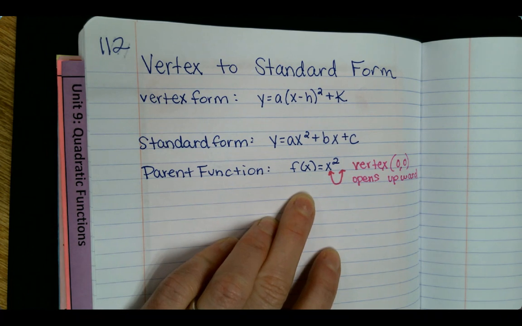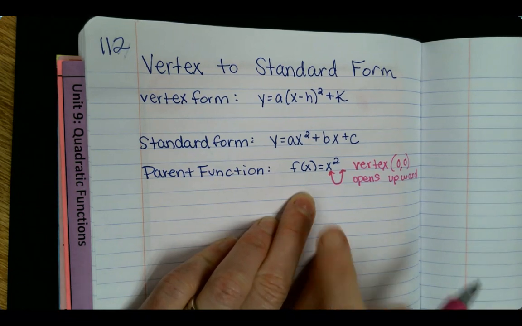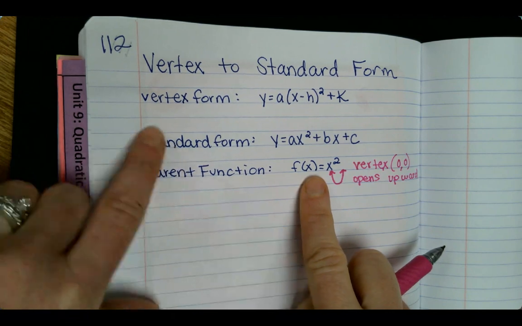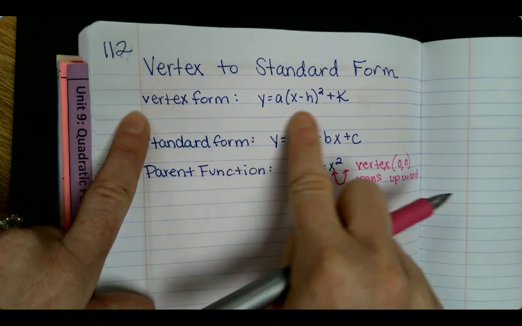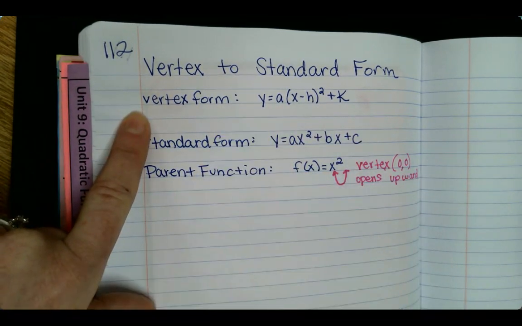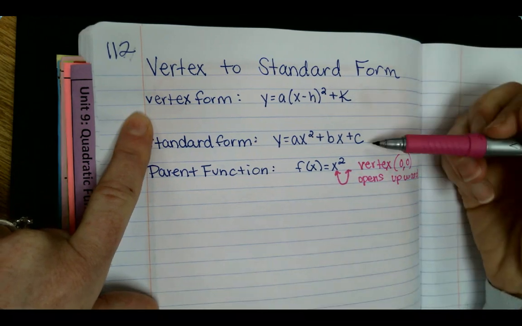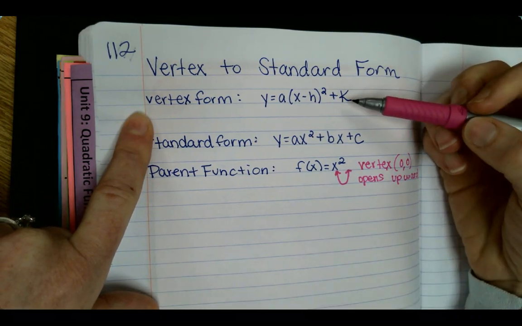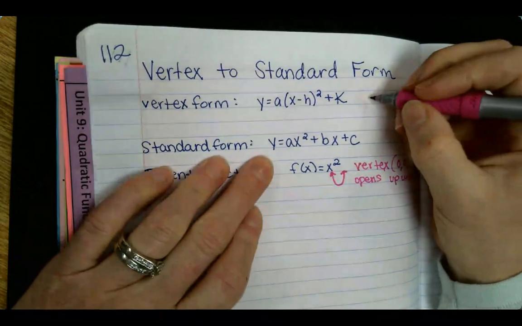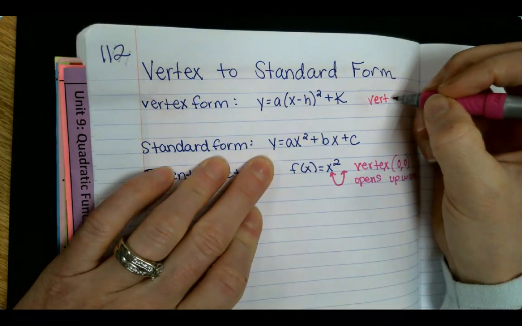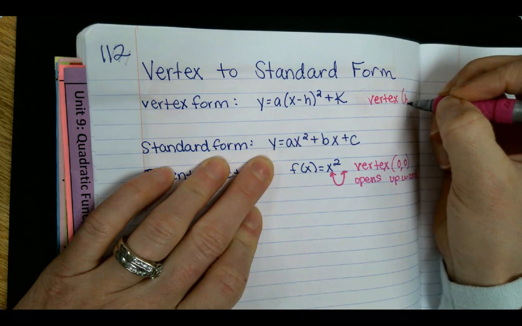So what you're going to see is how different quadratic functions transform from the parent function to another form by looking at this. It's usually going to be written like this or like this. For the vertex form, the vertex here is HK.